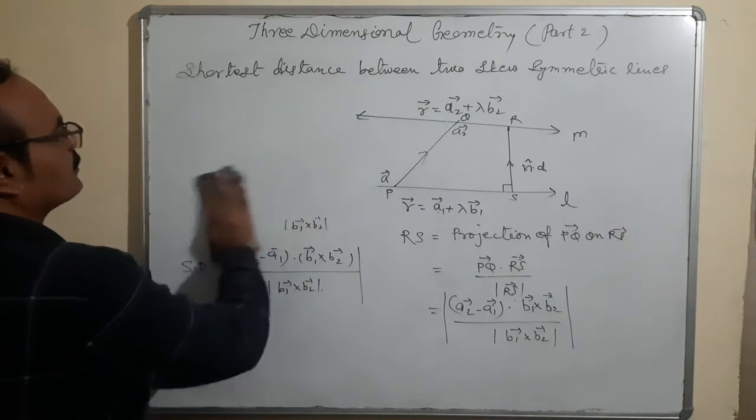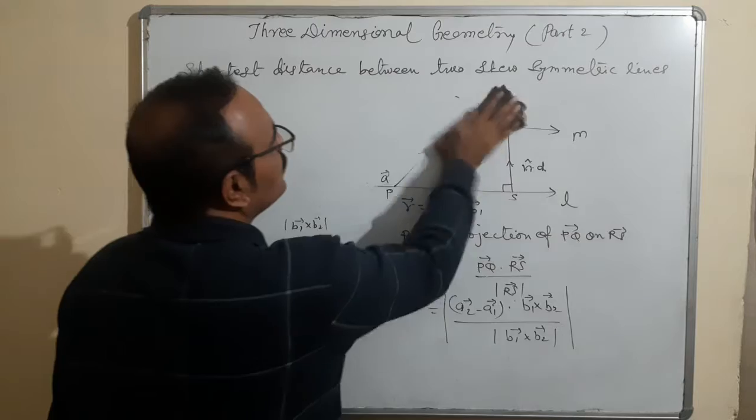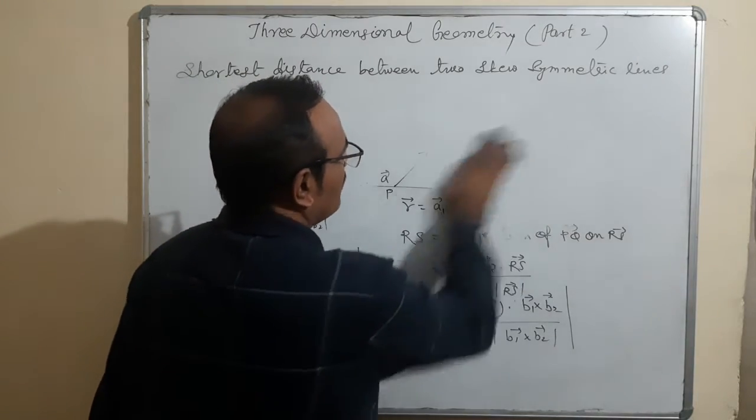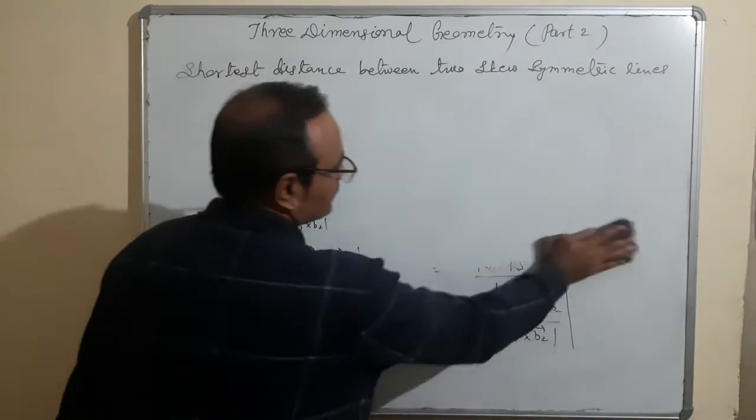Second one, we are going to derive the shortest distance between two parallel lines in a space. Two parallel lines in a space.